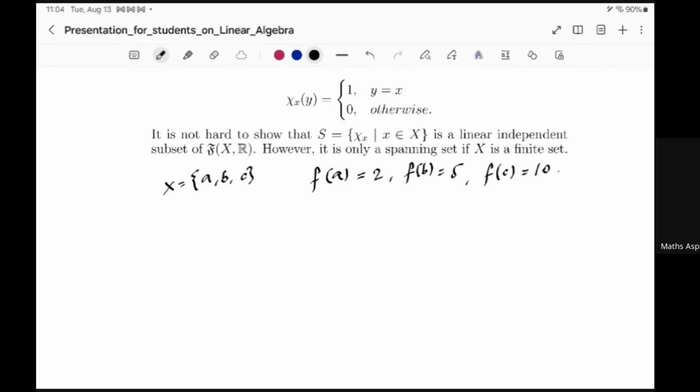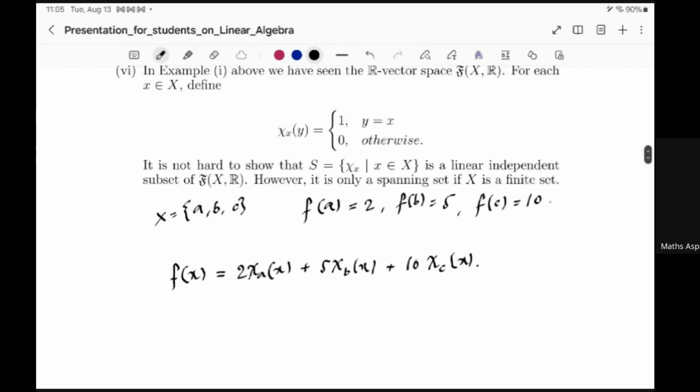Then you can represent F of X as 2 chi A of X plus 5 chi B of X plus 10 chi C of X. By the definition you can check that F of A is going to go to 2, F of B to 5, and F of C to 10.